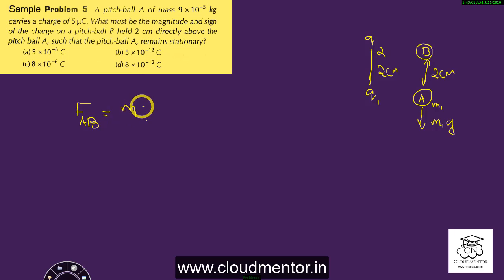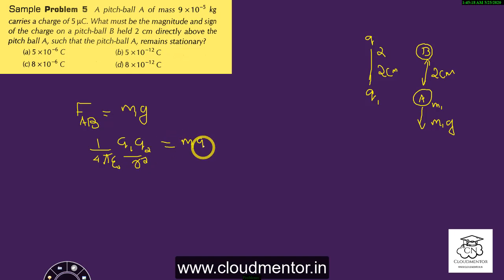FAB can be found by the equation 1 by 4 pi epsilon 0, or k q1 q2 by r square, that is equal to m1g.